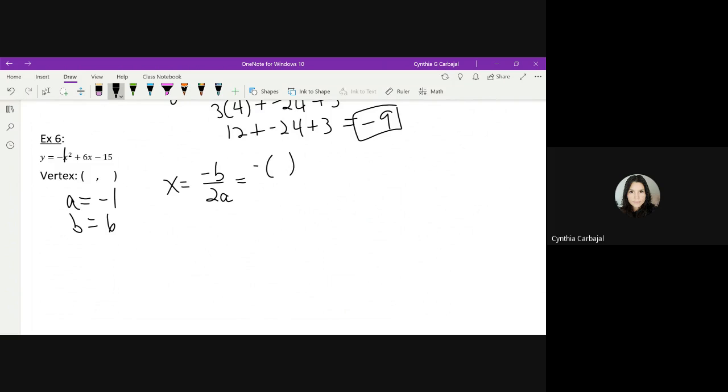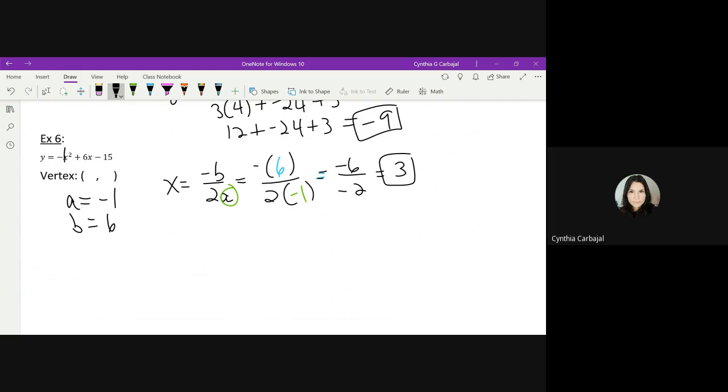So negative parentheses times 2 parentheses. Now don't make the mistake that I did in the previous one. A is down here, right? That's negative 1, and b is up here. That's 6. So we have negative 6 over negative 2, which is going to give me a positive 3. That's going to be the x value.